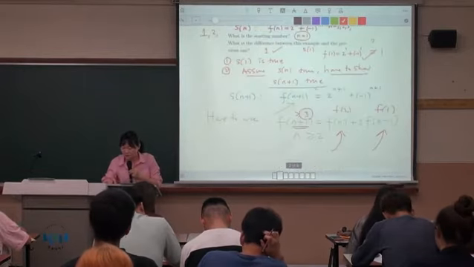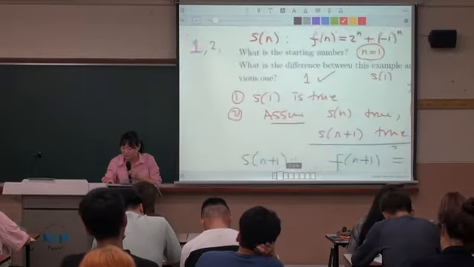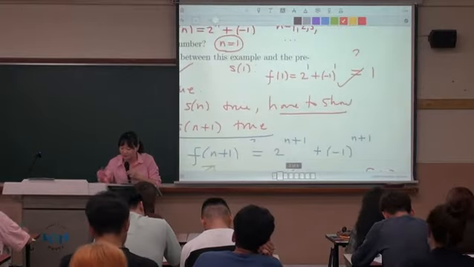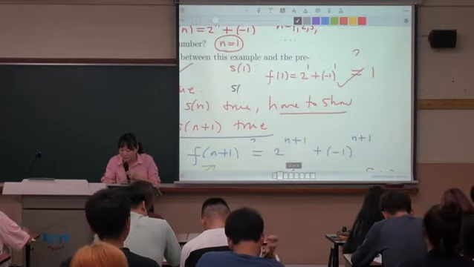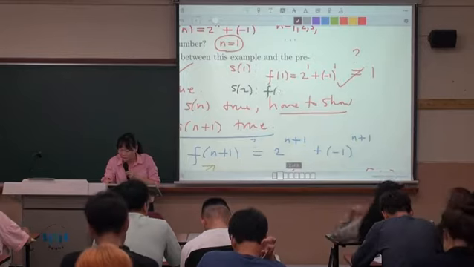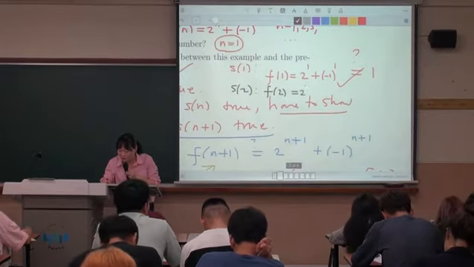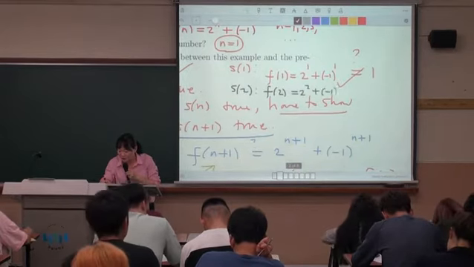So let's see if S2 is true. For S2, f of 2 is 2 squared plus minus 1 squared.